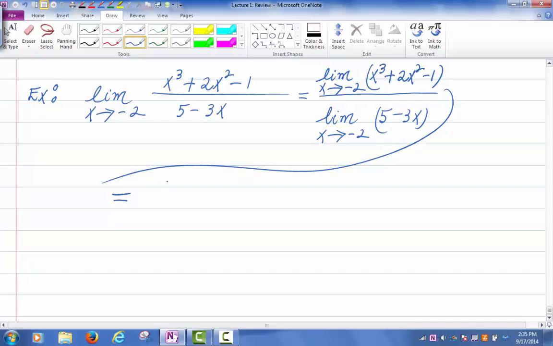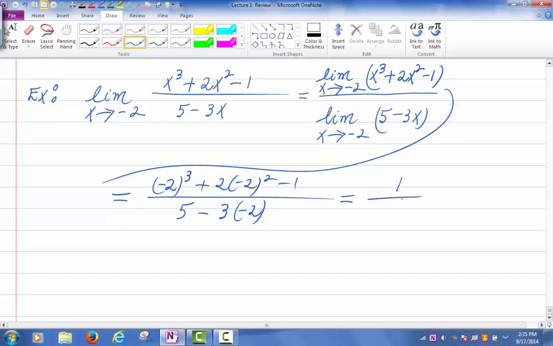Polynomial, so I just plug in, right? So it will be negative 2 cubed plus 2 times negative 2 squared minus 1 divided by 5 minus 3 times negative 2, and which is what? Is that 1 over 11 or negative 1 over 11? So I could do that because the denominator doesn't vanish, right? The limit of the denominator is not 0.